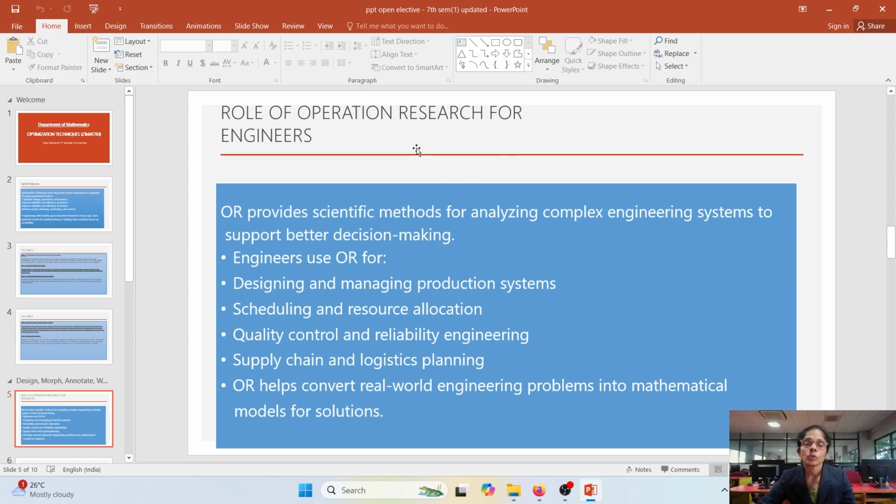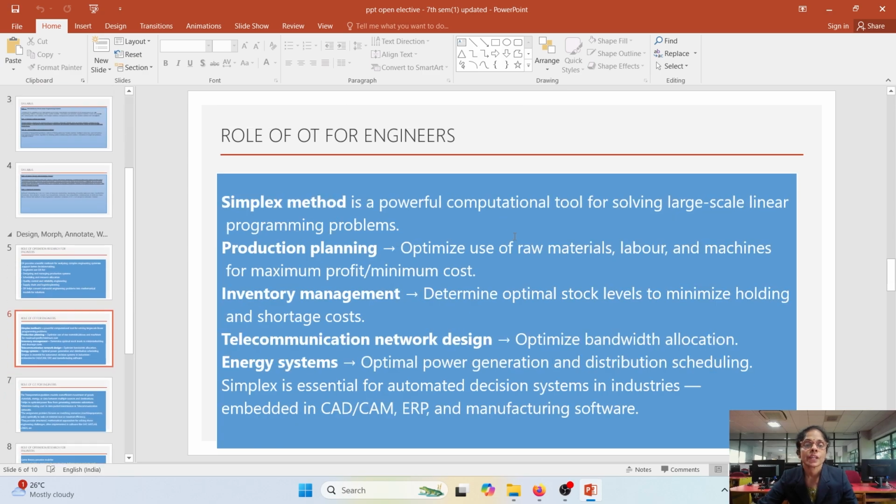Now, let us see the role of operation research for engineers. Operation research or optimization techniques provide scientific methods for analyzing complex engineering systems to support better decision making. Engineers use OR for designing and managing production systems, scheduling and resource allocation, quality control and reliability engineering, supply chain and logistics planning, and it also helps to convert real world engineering problems into mathematical models for solution.